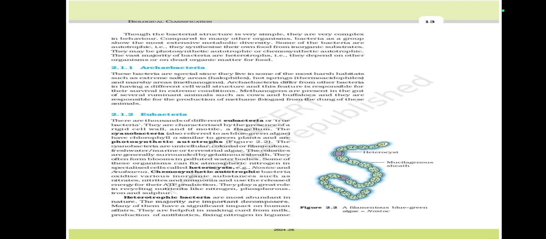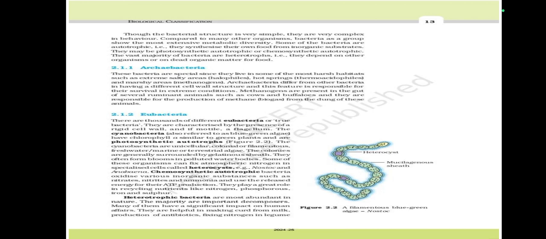They may be photosynthetic autotrophic or chemosynthetic autotrophic. The vast majority of bacteria are heterotrophs, that is, they depend on other organisms or on dead organic matter for food.